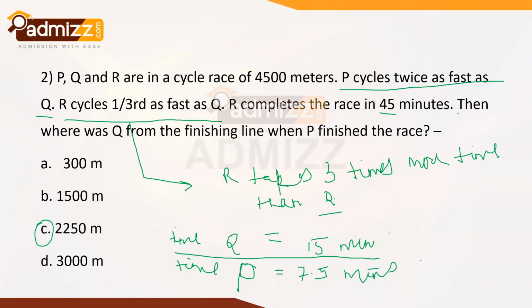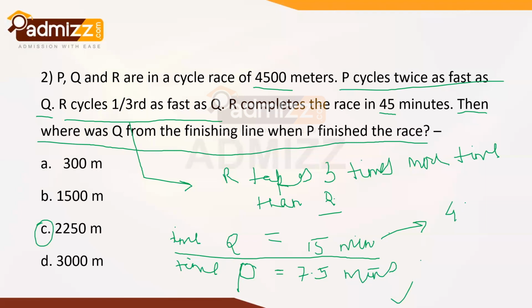The question asks, where was Q from the finishing line when P finished the race? Since Q takes twice as much time as P does to finish the race, when P completes the 4,500 meters race, Q must be at the half point, or at the midway.